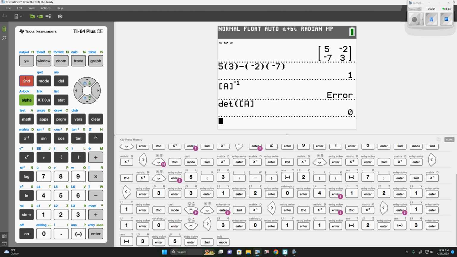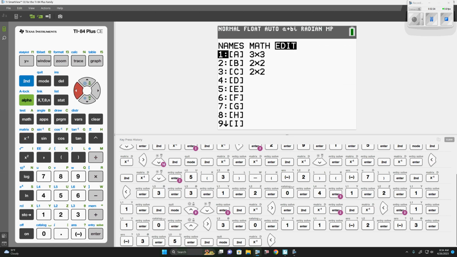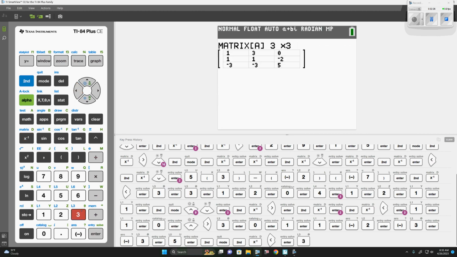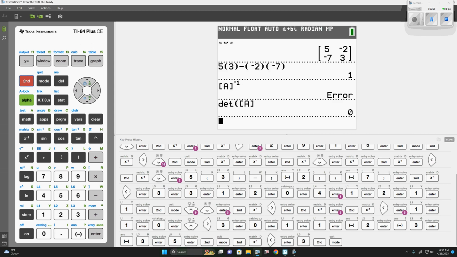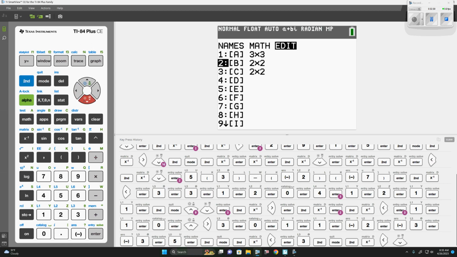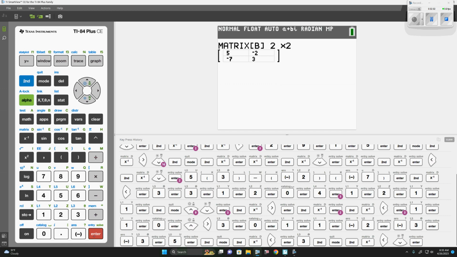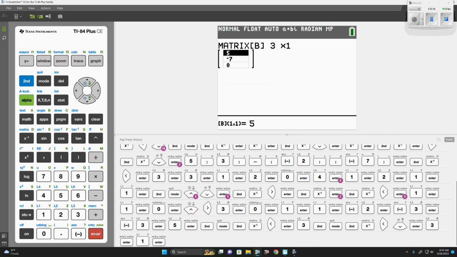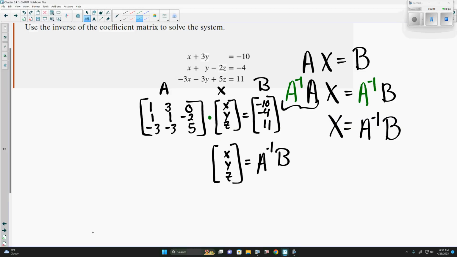Second quit. Second matrix. Edit. Well, nope. Went back to matrix A because we want matrix B this time. And this is going to be a 3 by 1. I want to say negative 10 is the first number. And we can double check. 11, yes.